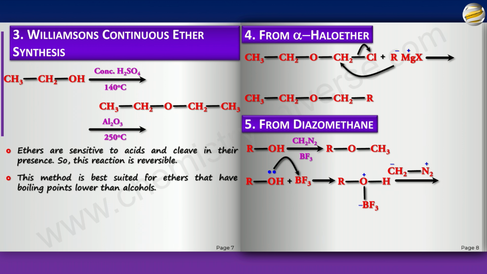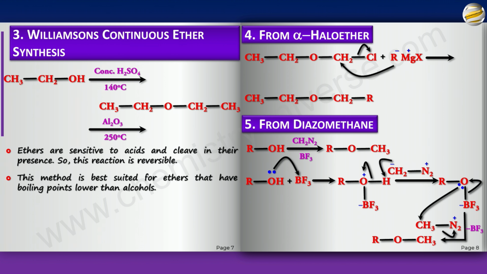So this will attack and this will go back. And now you get this and CH3N2 plus. Can you see this lone pair is nucleophilic? It will attack this carbon and the nitrogen will leave. So that's what happens. And you'll get BF3, you'll get the ether, and you get nitrogen gas.